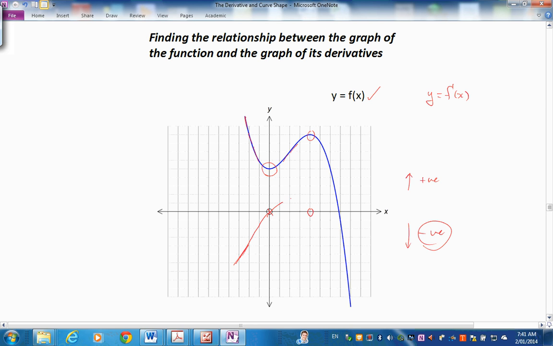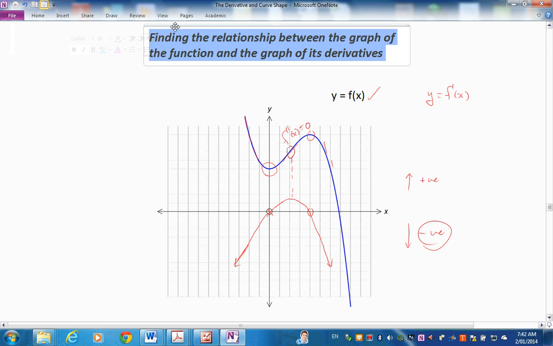When is the tangent going to be most positive? Point of inflection. Remember, a point of inflection is the maximum or minimum value of the tangents, because its rate of change is 0. And then the tangents are negative, so they're going to go below the axis. So that's the graph of the first derivative there.